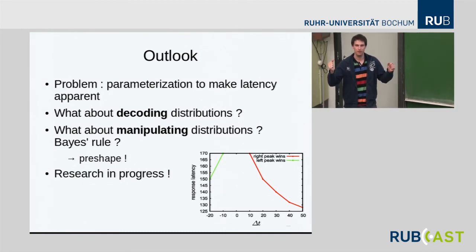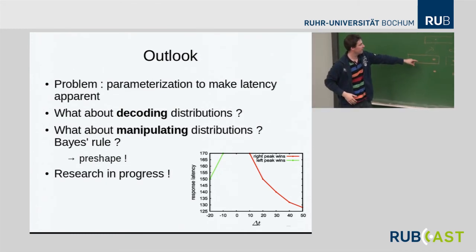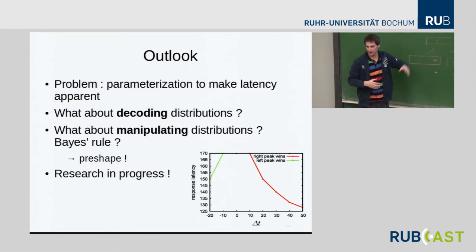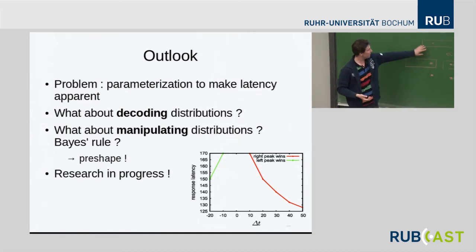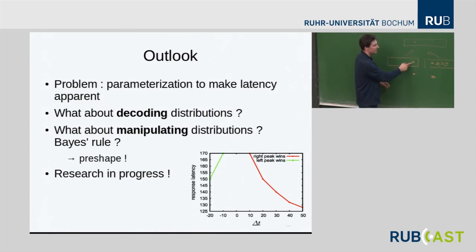So if I have two peaks in this scenario that come at different latencies, if there's no pre-shape, they will fight it out fair and square. But if there's already pre-shape from somewhere else, this one will already have a competitive advantage. So this will translate into a higher a priori probability to get selected. So even if it comes a bit later, it might be selected if there's sufficient pre-shape.